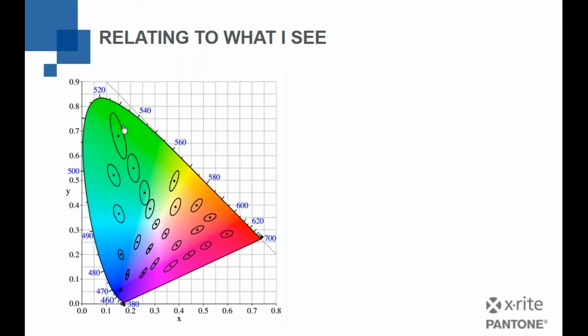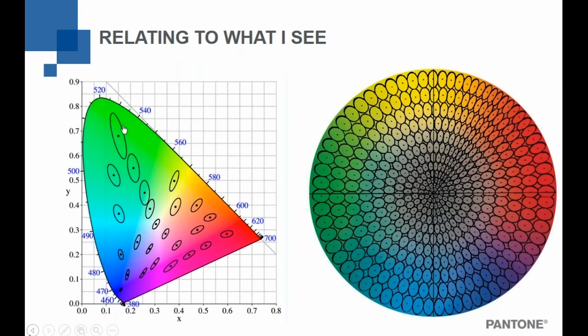That work was done back in the 1940s, but we've moved on to current means of calculating color differences using something called delta E, which we'll dive into on the next slide, to allow us to plot and calculate these ellipsoids, three-dimensional objects, to calculate what's acceptable and not acceptable in color.